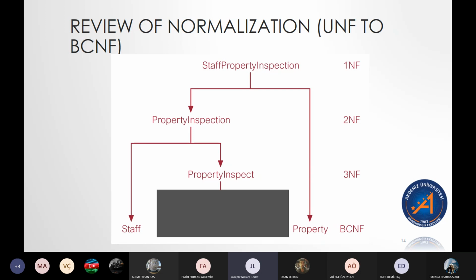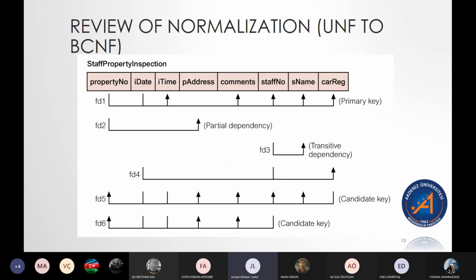Okay, and so the next higher one, the Boyce-Codd, the problem that exists is that we have this candidate key that determines one of the primary keys or a column that exists in the primary key, and that can't really exist, and that can't be a thing that we can allow to happen.